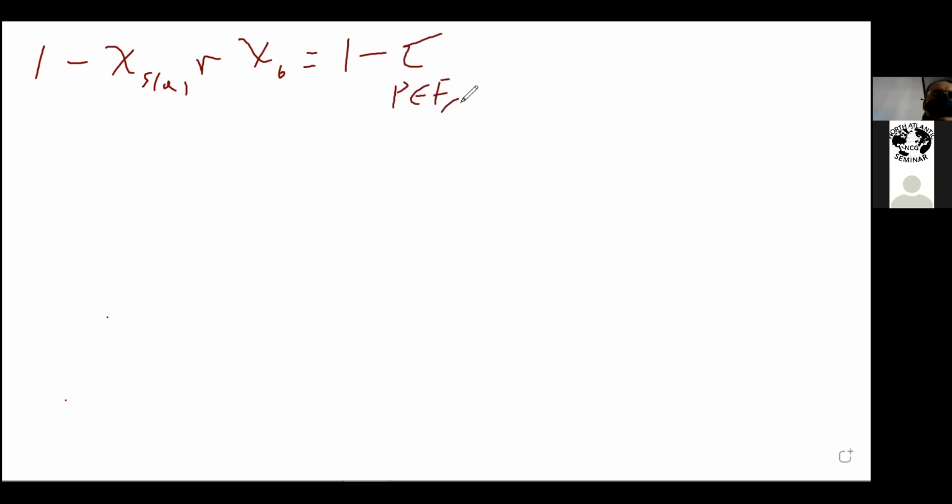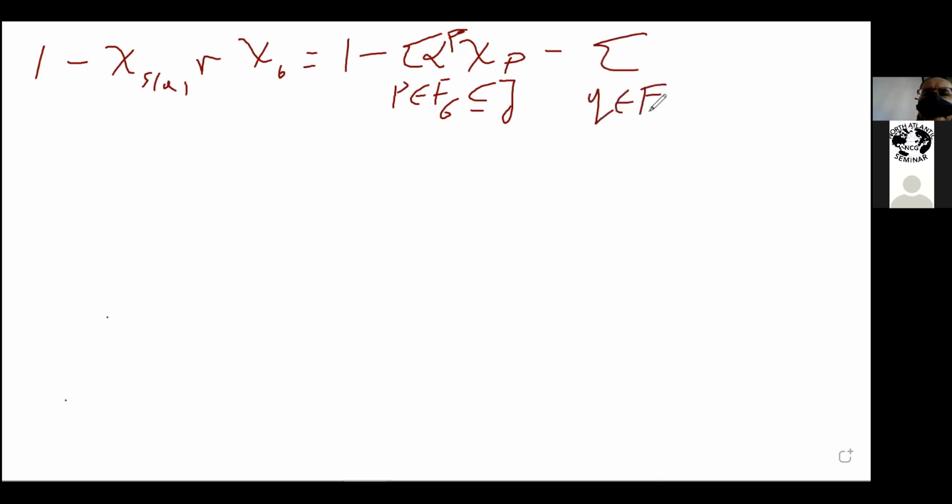Okay, I will just rewrite these two things because I really need it, so that you see what I'm doing. 1 minus chi SA r chi b is 1 minus the sum over p in F6, which is in J, of alpha p chi p.